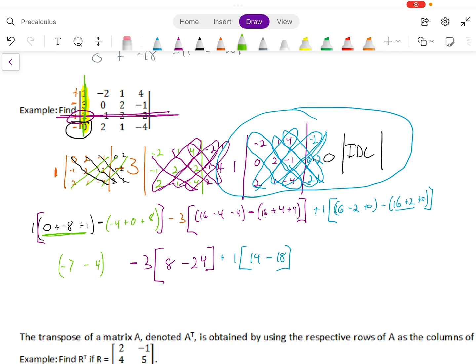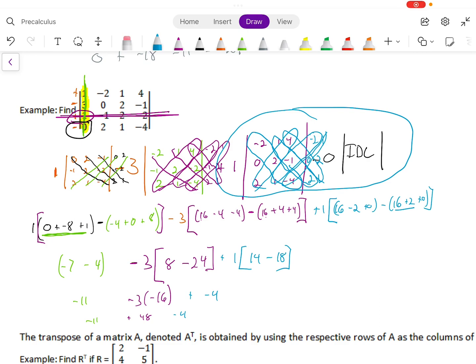And so we have -11, -3 times -16, plus 1 times -4. And so we have -11 plus 48 minus 4.